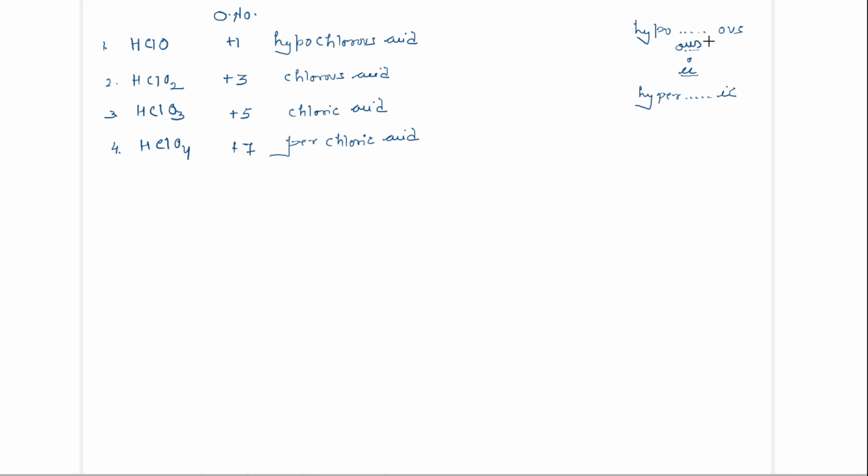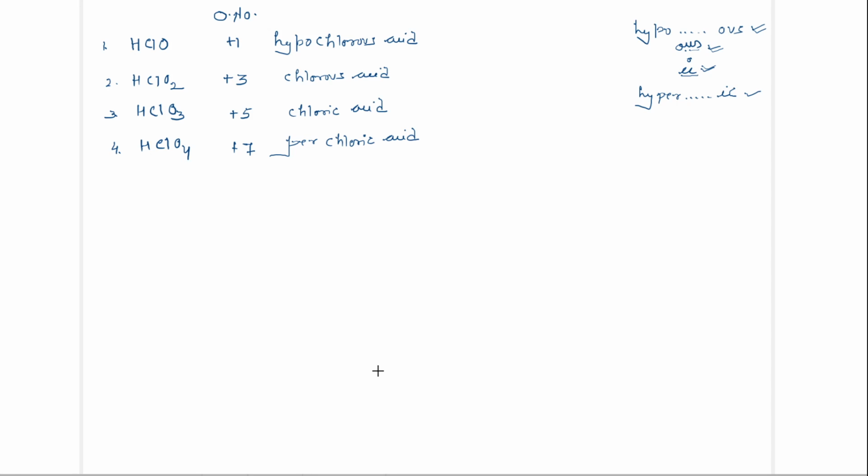अगर किसी कंपाउंड के 2 ही ऑक्सो एसिड है तो लोअर को अस, हायर को इक। अगर किसी एलिमेंट के 3 ऑक्सो एसिड्स हैं then lowest is called hypous, greater is called ous, and highest is called ic. If some element forms 4 oxo acids, so we get hypous, ous, ic and per-ic in the increasing order, right?